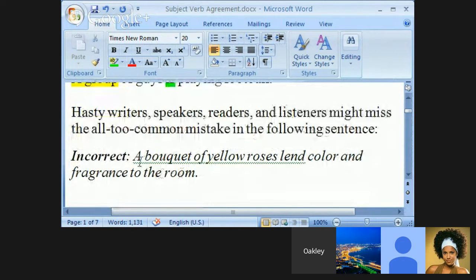So Hussein, while I've got you on the line here, how could you fix this incorrect sentence? A bouquet of yellow roses lend color and fragrance to the room. Lovely sentence, but it's wrong. How can I fix it? You cannot fix it.